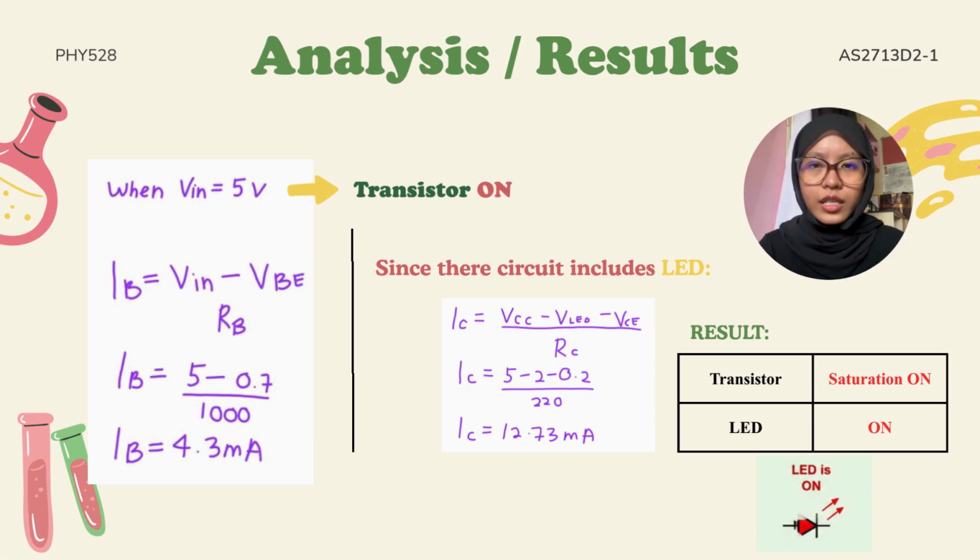This collector current is enough to drive the transistor into the saturation region. In saturation, the transistor behaves like a closed switch, allowing current to flow from the collector to the emitter. Therefore, current flows through the LED, causing it to light up. So when Vin is 5 volts, the transistor is on and the LED is also on.